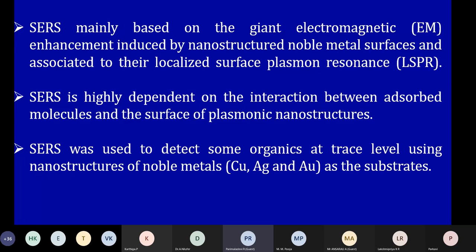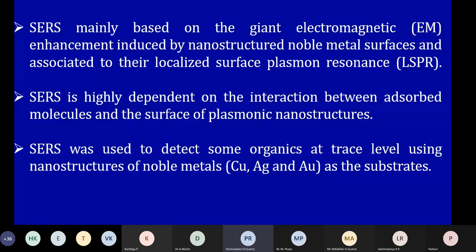When you introduce light, that is an electromagnetic signal, the metal surface starts to vibrate, and that oscillation produces a resonance frequency that we call localized surface plasmon resonance.